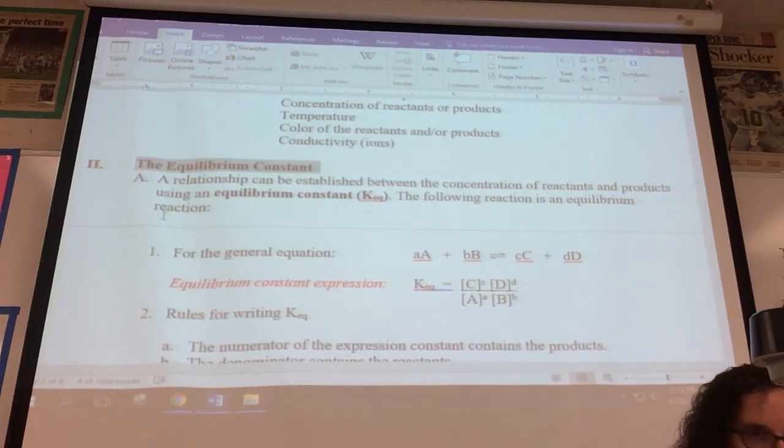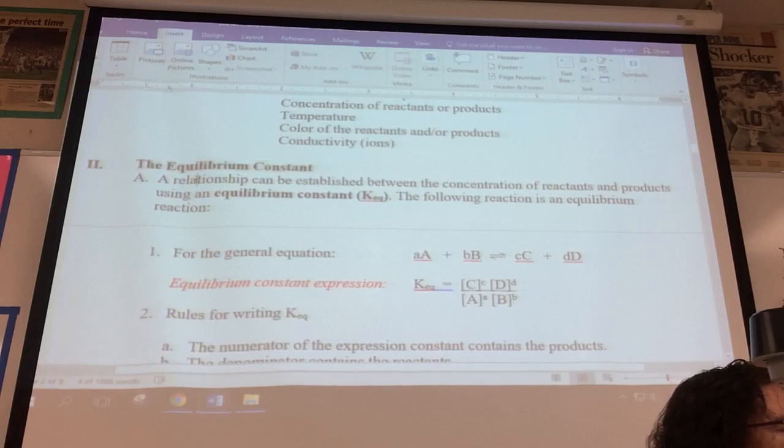I think the only tricky part will be calculating concentrations, just in regard to mastering calculator use and simple math operations that you've probably seen in Algebra 1 and perhaps Algebra 2. So with the equilibrium constant, you can establish a relationship between concentrations of reactants and concentration of products using what's known as an equilibrium constant. K for constant, EQ, not EG, EQ for equilibrium.